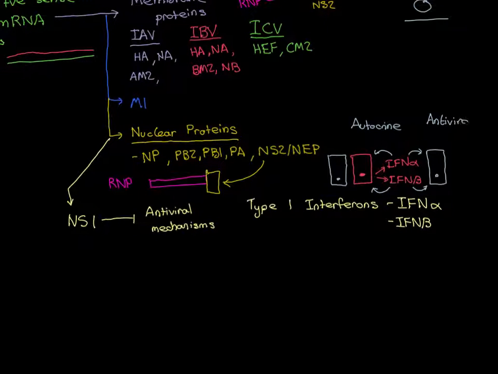And what is this antiviral state? This is where a cell completely blocks all protein synthesis. So antiviral state involves no protein synthesis. So the cell completely shuts down all its ribosomes, all its transcription mechanisms. It stops protein synthesis completely.